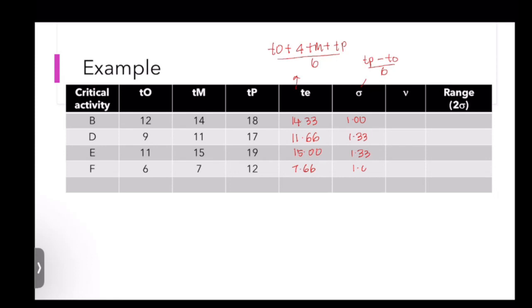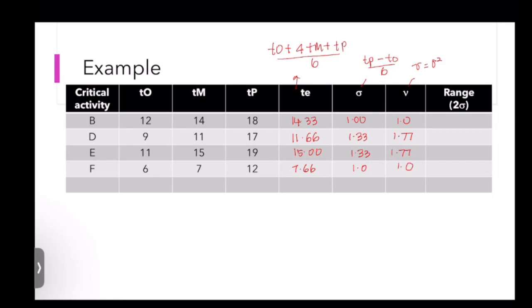Okay, and then calculate the variance, where the variance is equal to the standard deviation to the power of 2. So here it is 1.77, 1.77, and last for activity F it is 1.